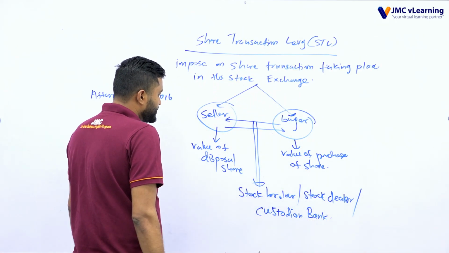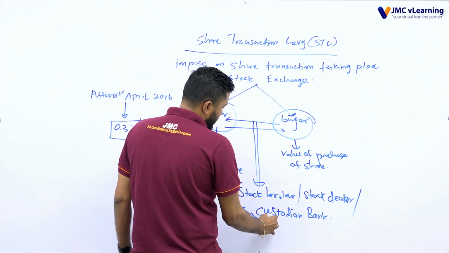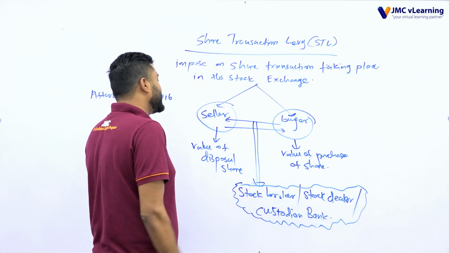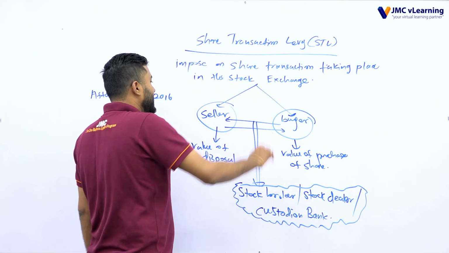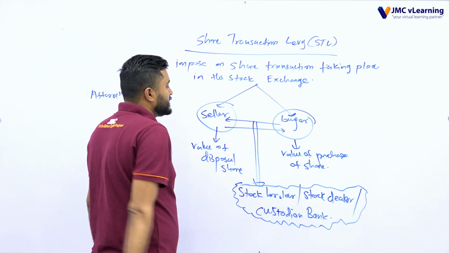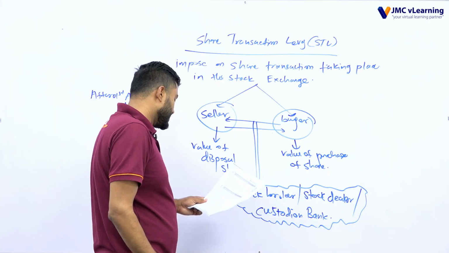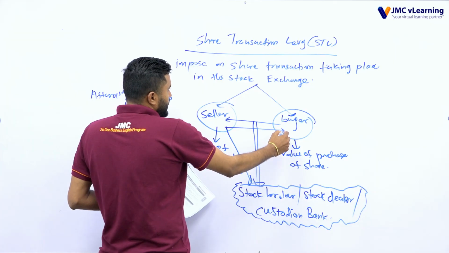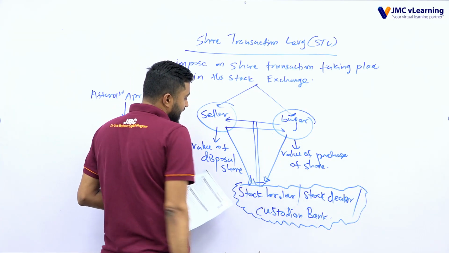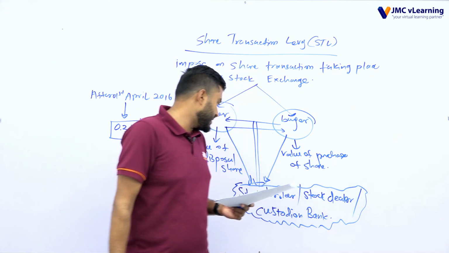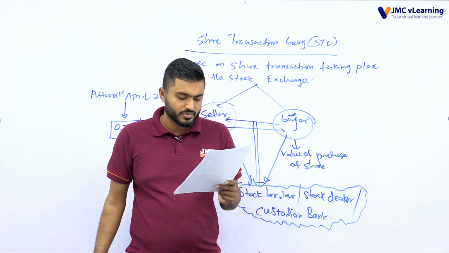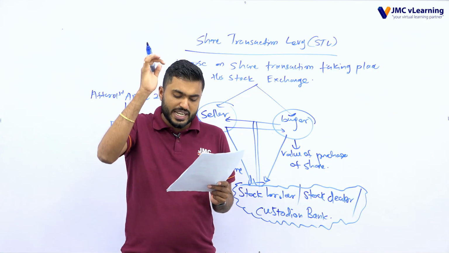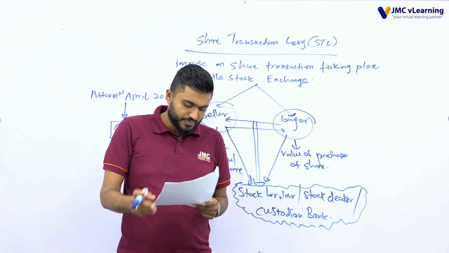These persons finalize the transaction. Therefore the share transaction levy from the seller and buyer will be collected by the stock broker, stock dealer or custodian bank, and they are the responsible party to settle the levy.